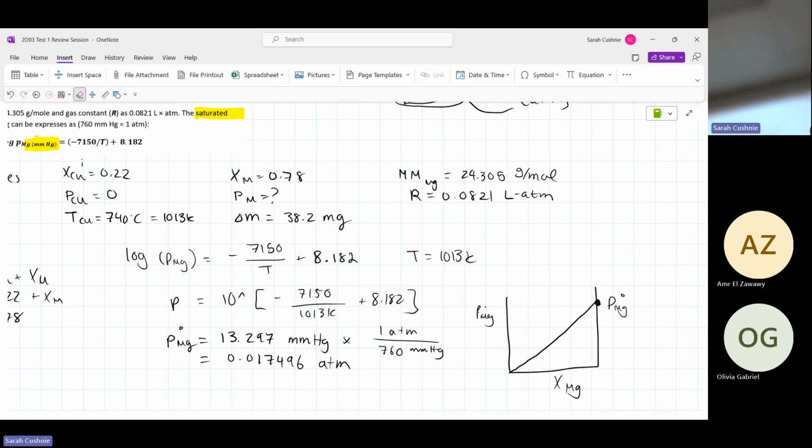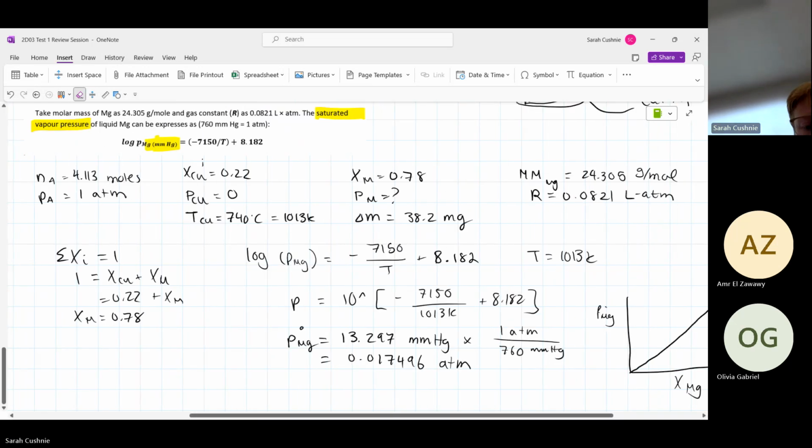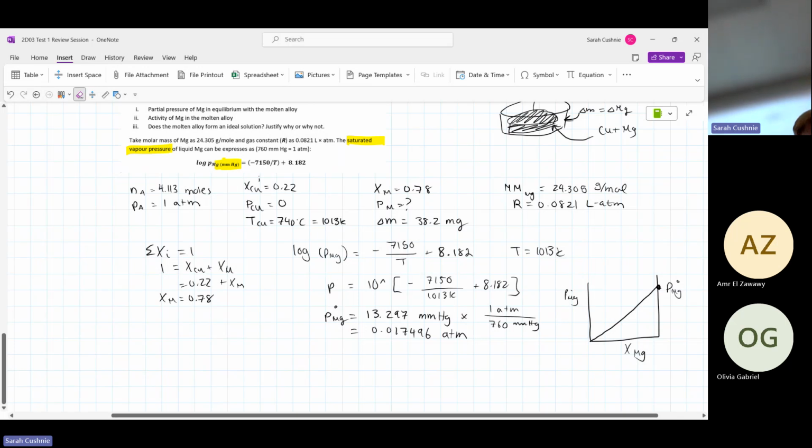So we know, we want to find the partial pressure, though. We don't want to find whatever we just found. Yes, it's helpful, but we want to find the partial pressure. So we have to remember how we relate these two together.